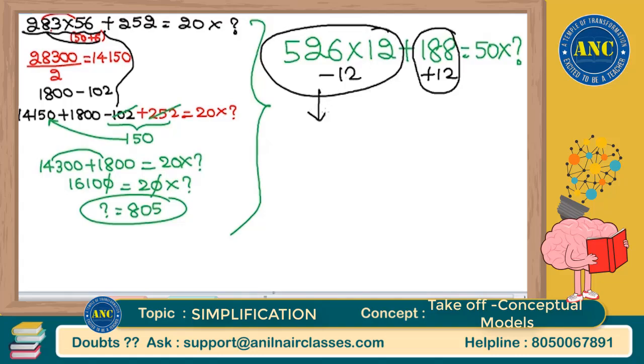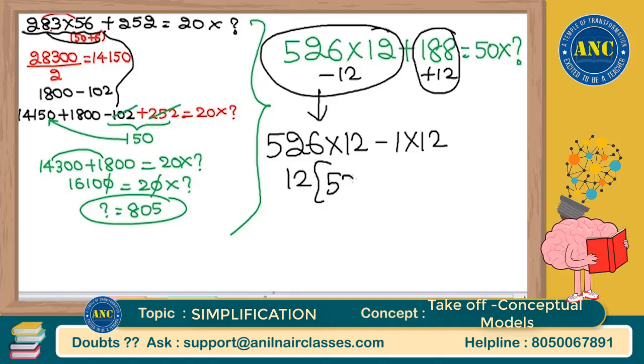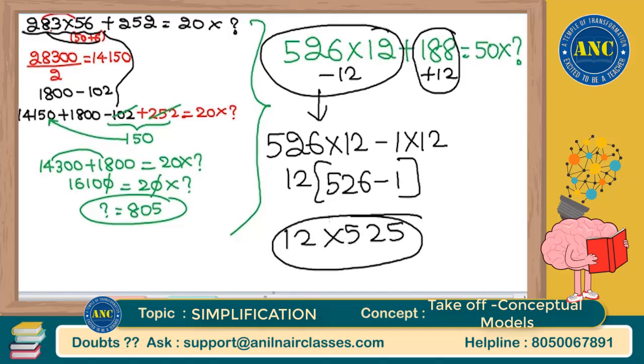Now this number is what you have doubt. 526 into 12 minus 12 is 1 into 12. 12 common factor, 526 minus 1, it is 12 into 525. Is it clear, sir? Instead of writing all these intermediate steps, I explained it to you directly.